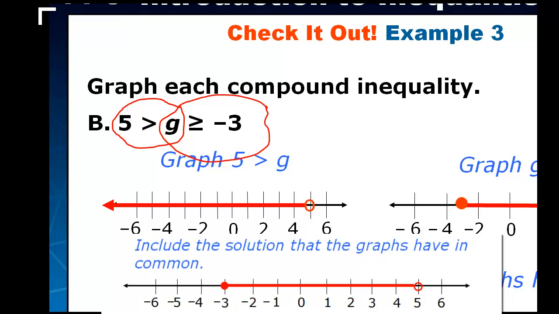I cannot take 6 in this inequality. I cannot take -4. Why? Because -4 is not working with g bigger than or equal to -3, and 6 is not working with g smaller than 5.